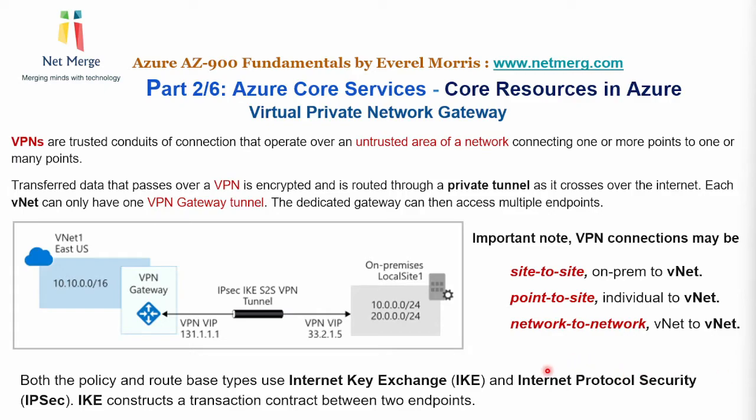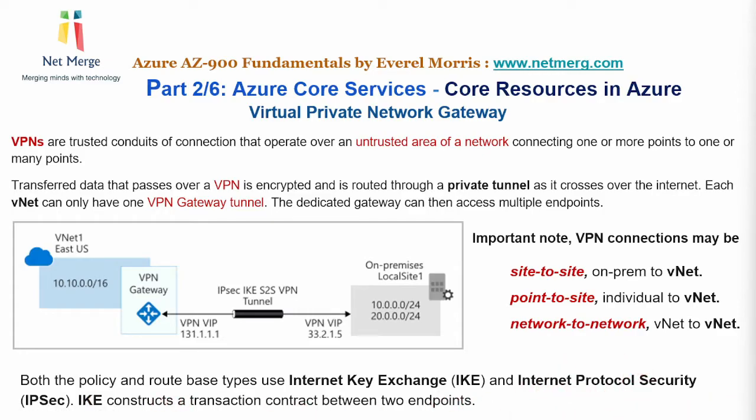So here is a general overview of how the packaging is done when you use a VPN. Internet Key Exchange is responsible for a part of it, and Internet Protocol Security is responsible for another part. IKE constructs the transaction contract between the two endpoints, and then IPsec is responsible for encrypting it.